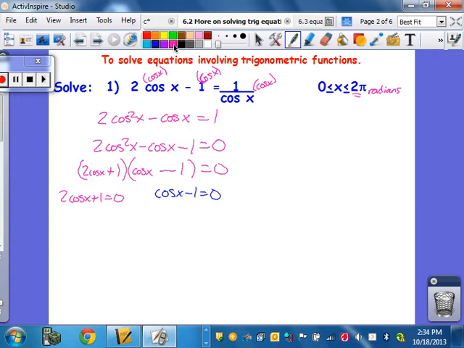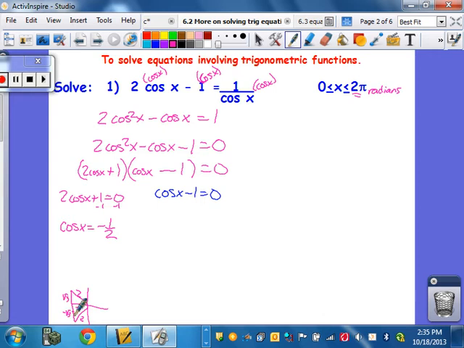And you just solve. So I'm going to do one at a time. Let's see, subtract a 1 and divide by 2. So cosine x equals negative 1/2. Where is cosine negative 1/2? Negative 1/2 is the square root of 3 over 2 with the negative.